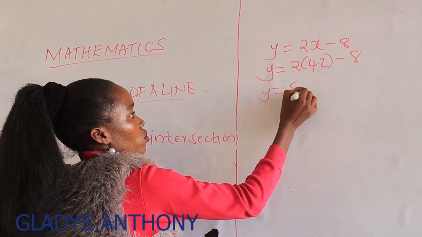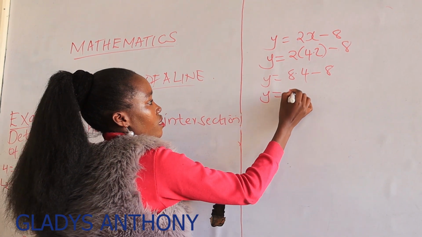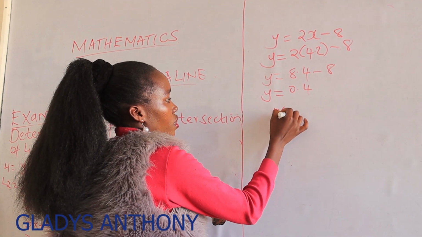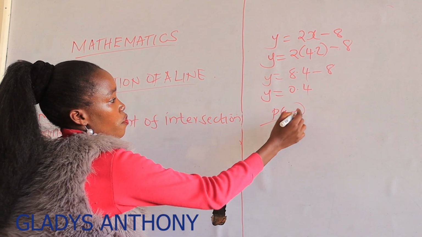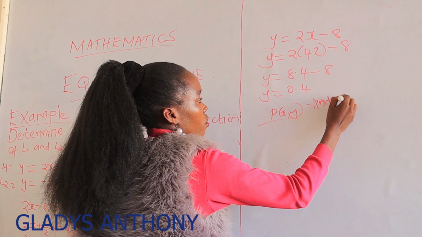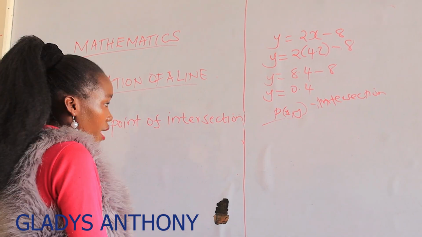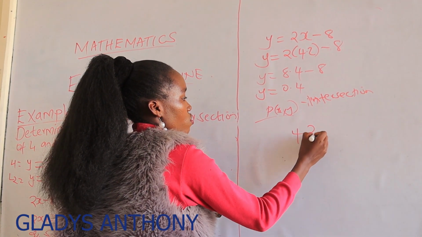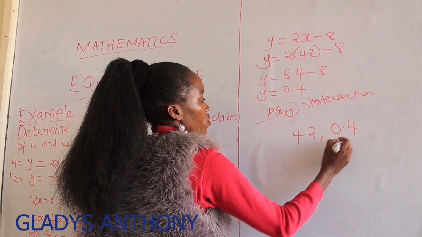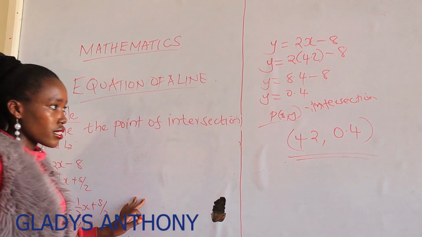So y is equal to 8.4 less 8. So our y is 0.4. To get our point (x, y), the point of intersection, we take our x, which is 4.2, and then our y, which is 0.4. So this is the point of intersection.